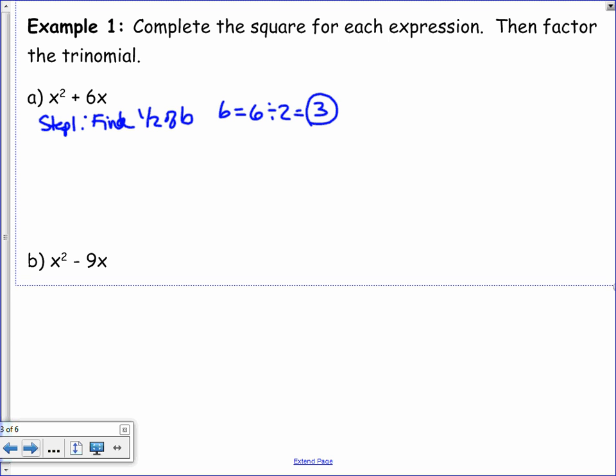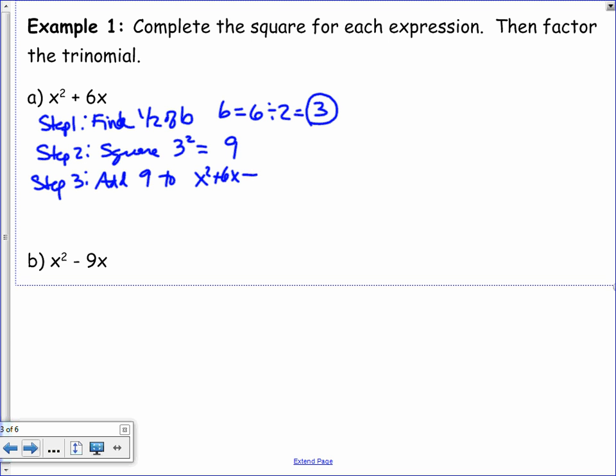Now step 2 is to square. 3 squared is 9. And now step 3, we're going to add 9 to x squared plus 6x. So we'll have x squared plus 6x plus 9.